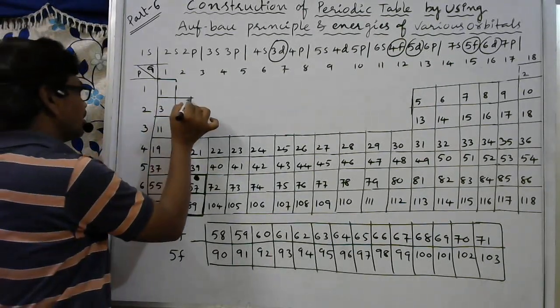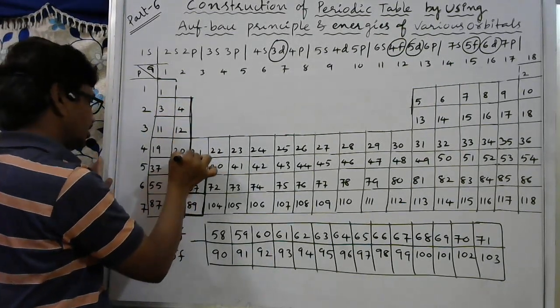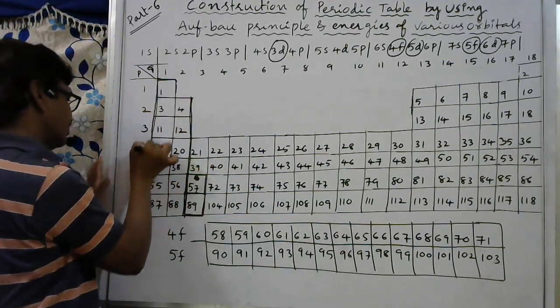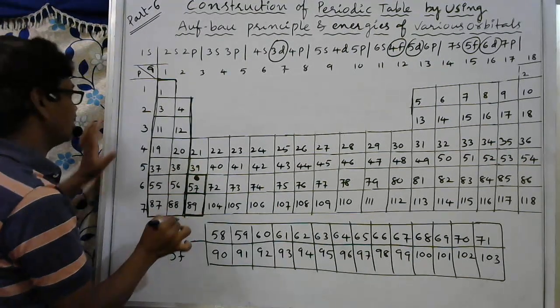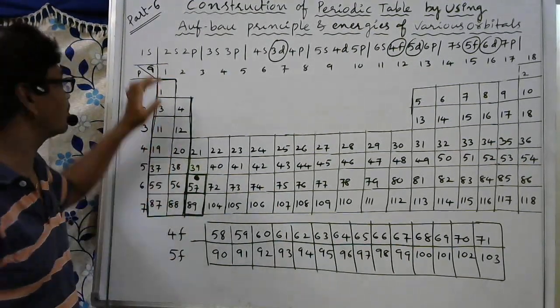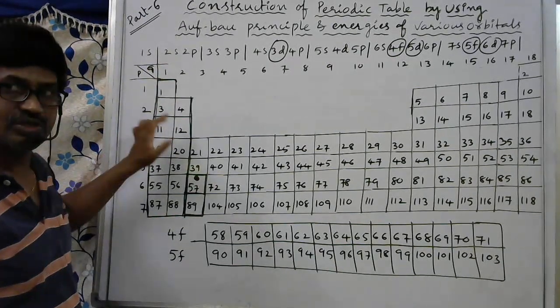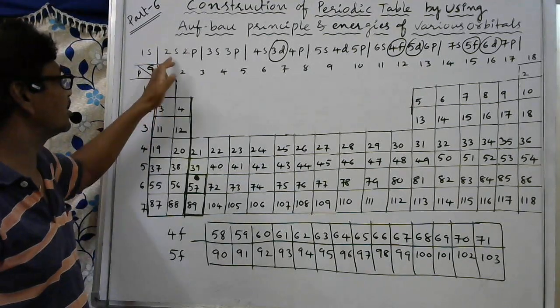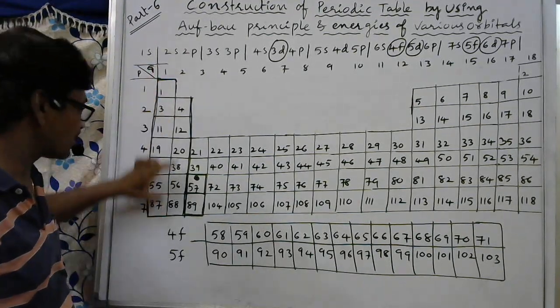Here you can observe, up to here, you can say s block, because these two vertical columns are present in the s orbital. Only two elements means two electrons are present. The first two electrons enter into the s orbital, so these are called s block elements.